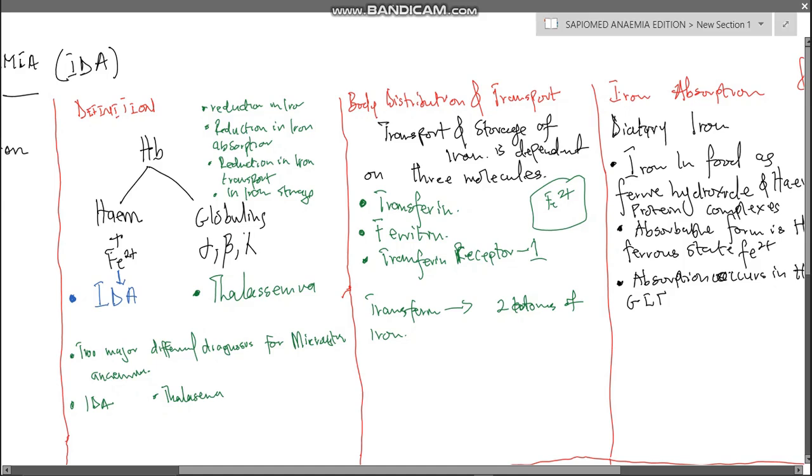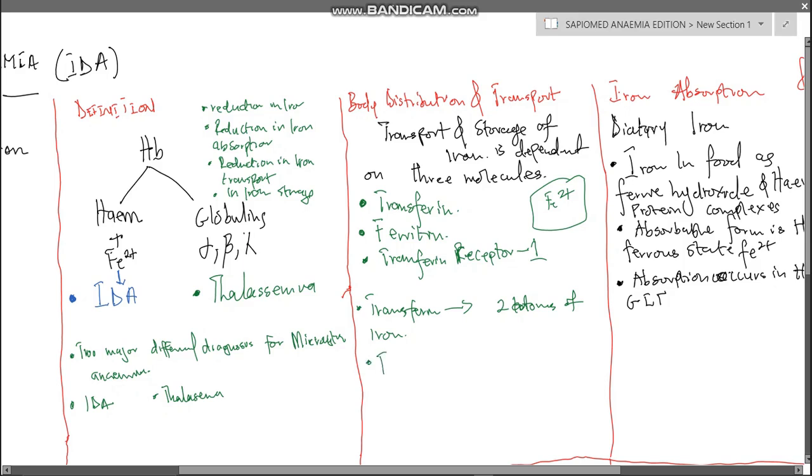Of plasma iron to the cells, so that hemoglobin synthesis can be made possible. So if someone has a deficiency in transferrin or a problem with the transferrin, although the person will have ferrous ion circulating in the body, those ions will not be able to be transported to the cells for hemoglobin synthesis to occur. So transferrin is a very important molecule.